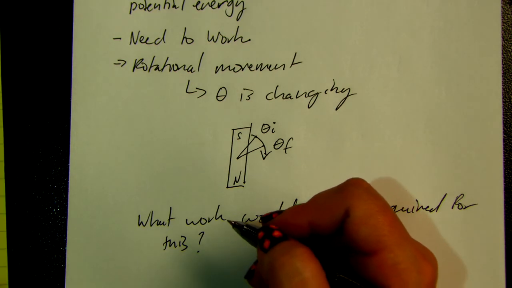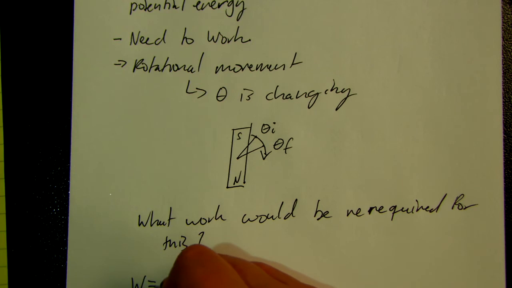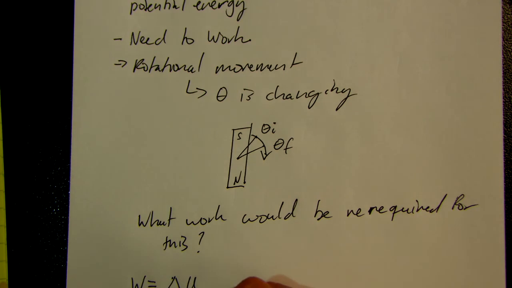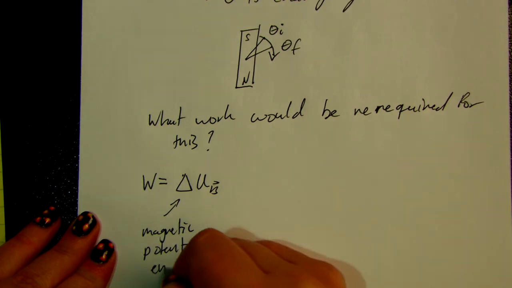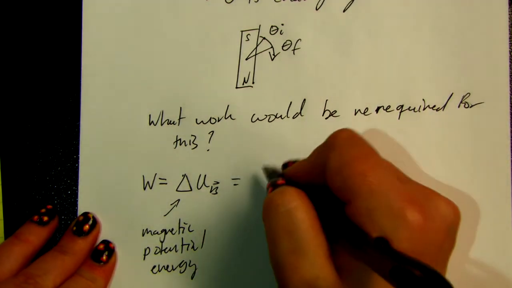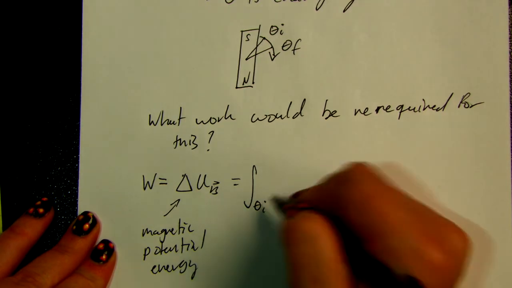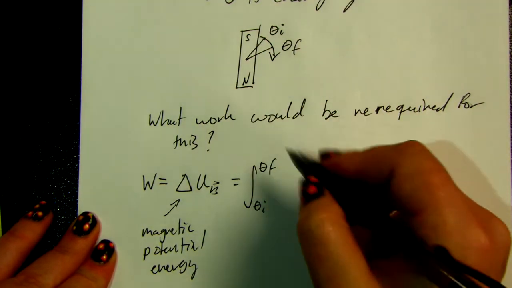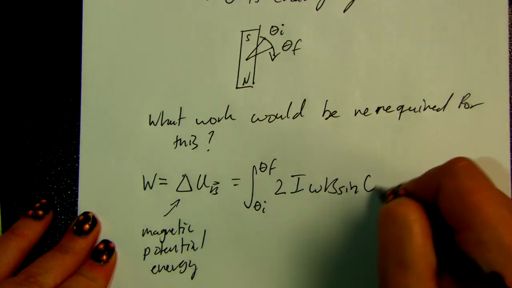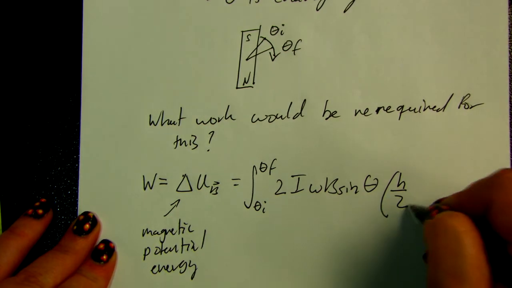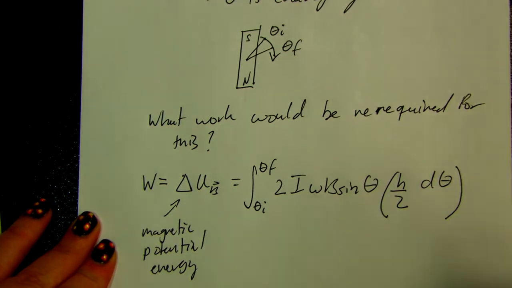All right, so work is equal to the change in magnetic potential energy. So we can set up our work integral, and we're going to go from our initial theta to our final theta of I w h B sine theta d theta.